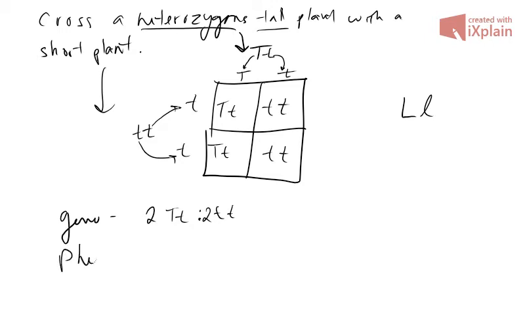The phenotypic ratio is just what do they look like. These big T, little t's would be tall, so you have 2 tall, 2 short. So that's what that looks like, one of the simpler ones, a monohybrid cross.